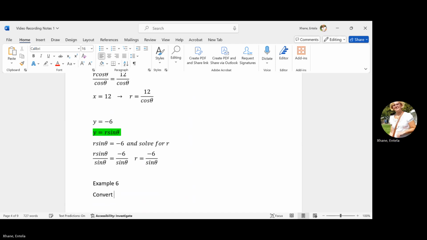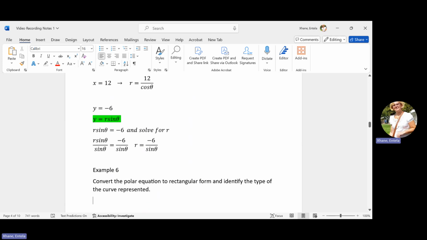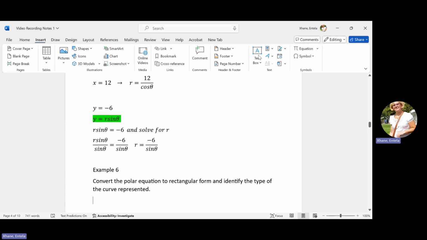So convert the polar equation to rectangular form, and then identify the type of the curve. By the way, the questions that are part of the practice quiz are related to this direction. So this will be a little bit more interesting.